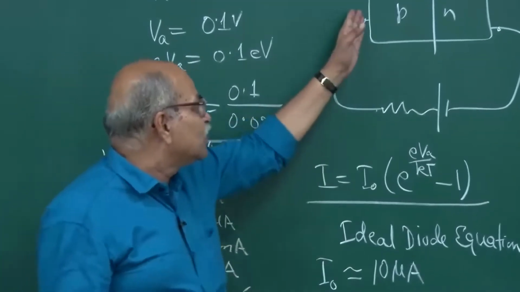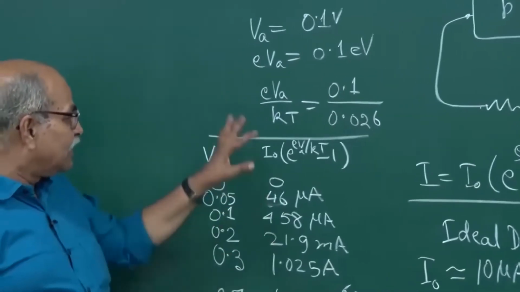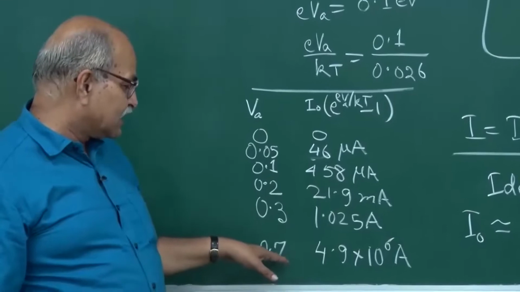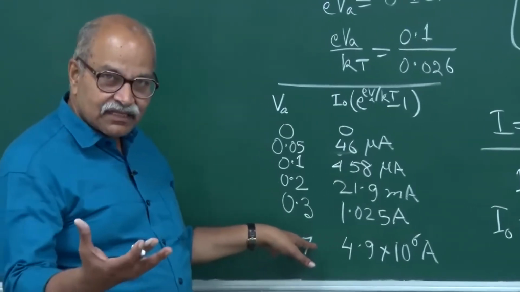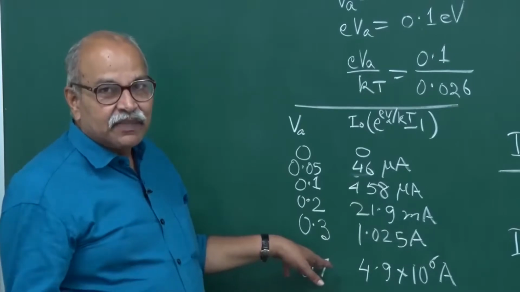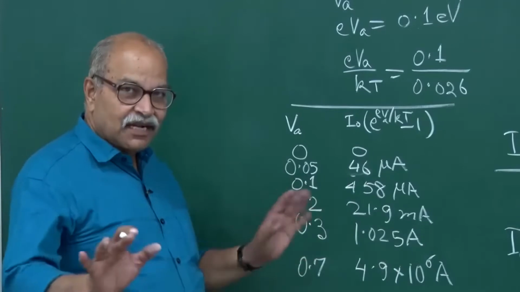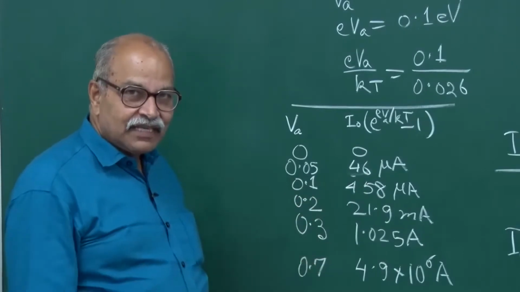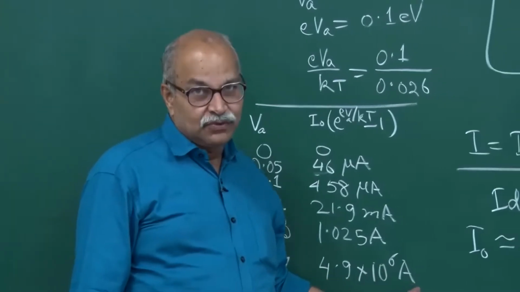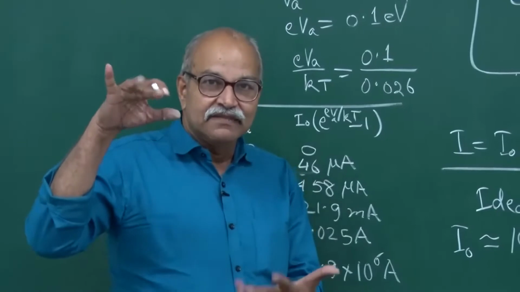So the actual voltage that you apply on the junction should be much smaller than these points. For silicon, this 0.7, of course it will depend on temperature and many things, and a little bit on doping perhaps, but typically it is around 0.6, 0.7, and if you apply that much, you have a huge, impossible current, and that is understandable physically.